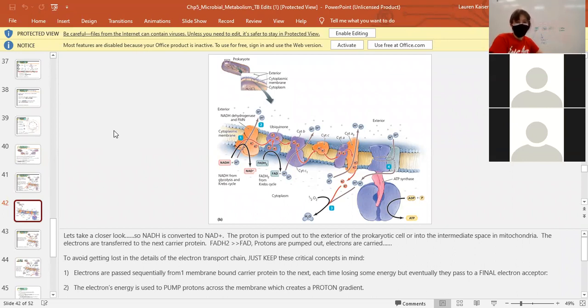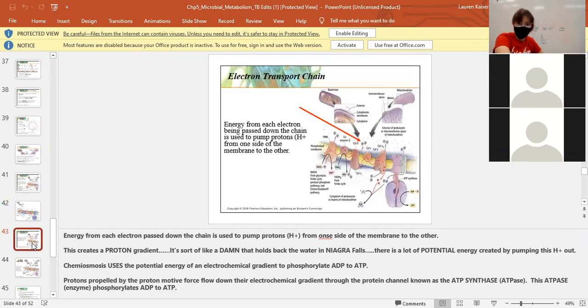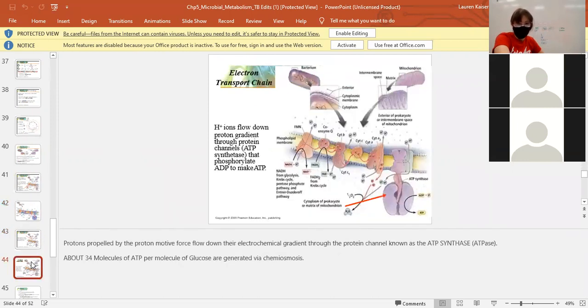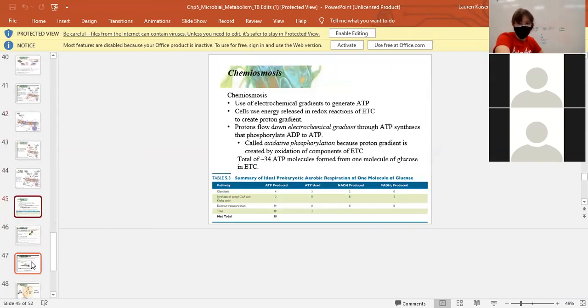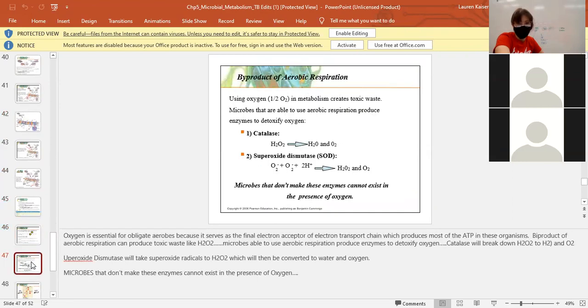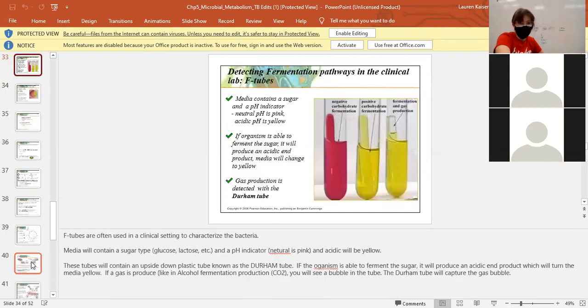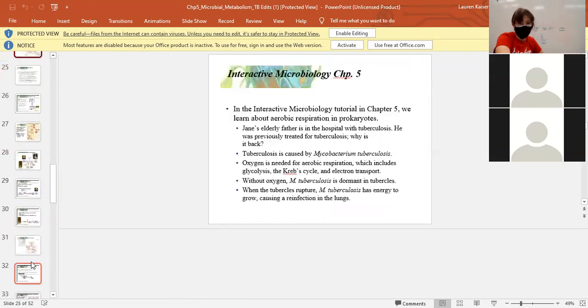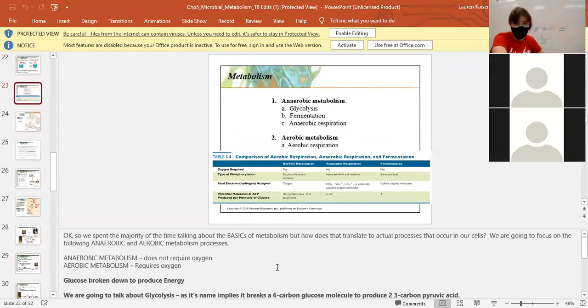So in the electron transport chain, the final electron receiver, let's see, that was kind of what I was explaining. It was over here somewhere. Let me find it. Here it is. So the final electron acceptor for aerobic respiration is going to be oxygen.